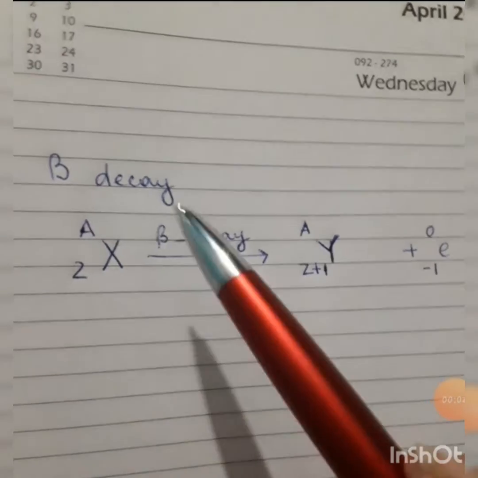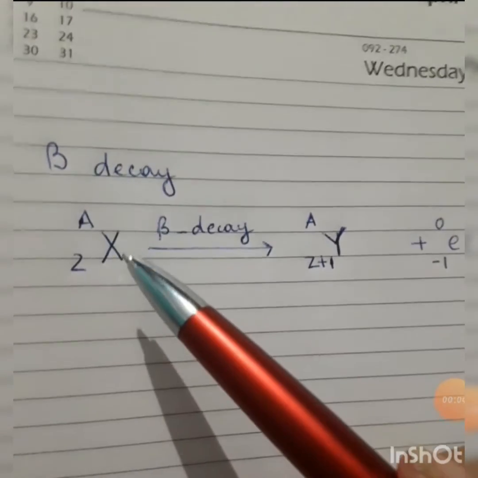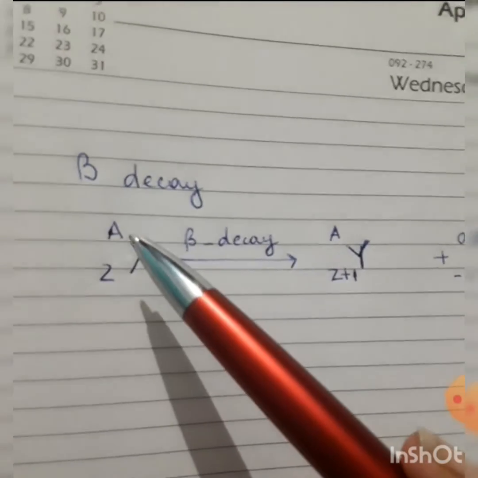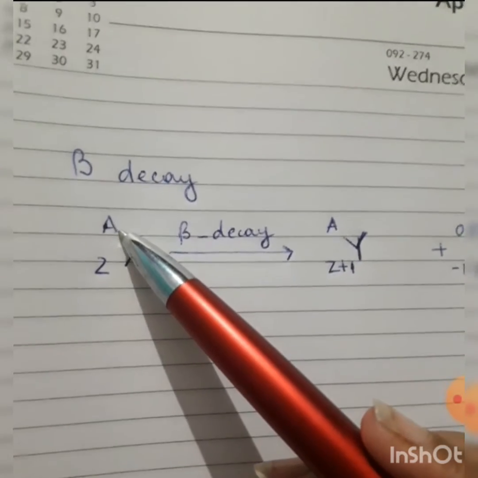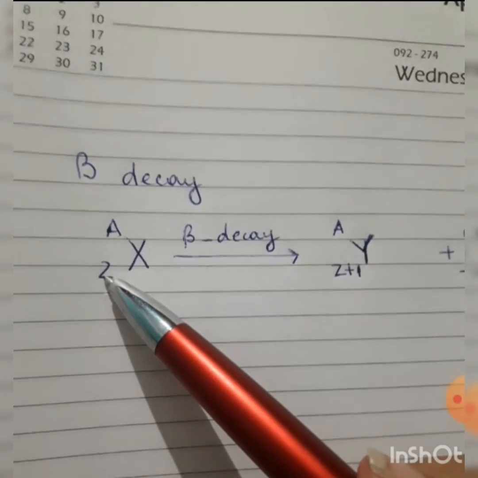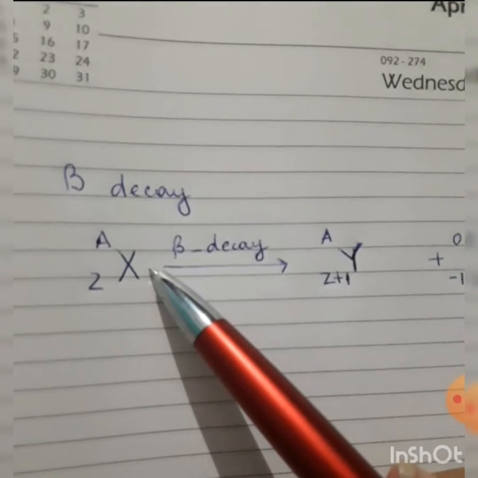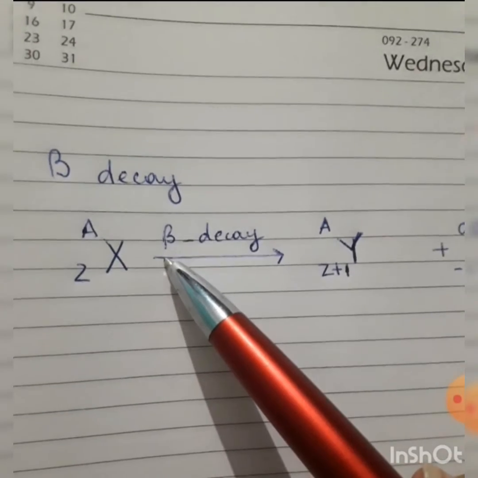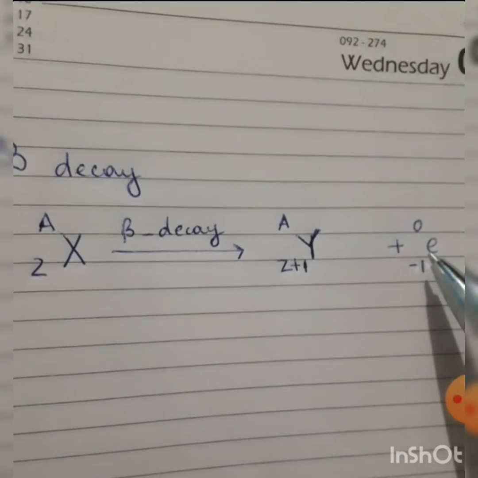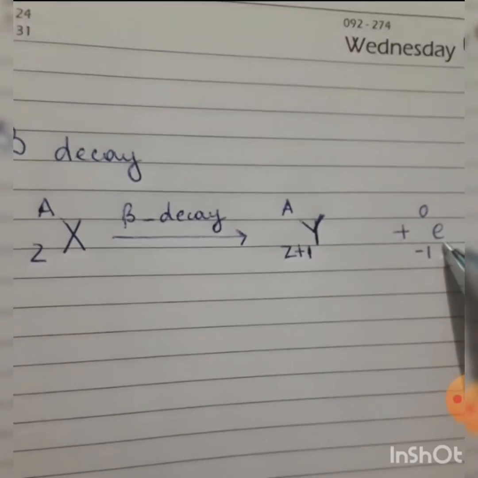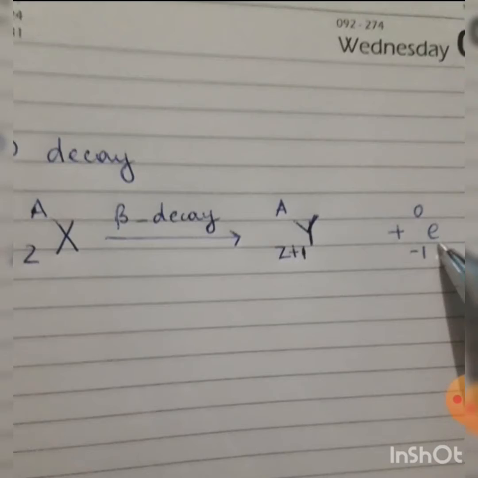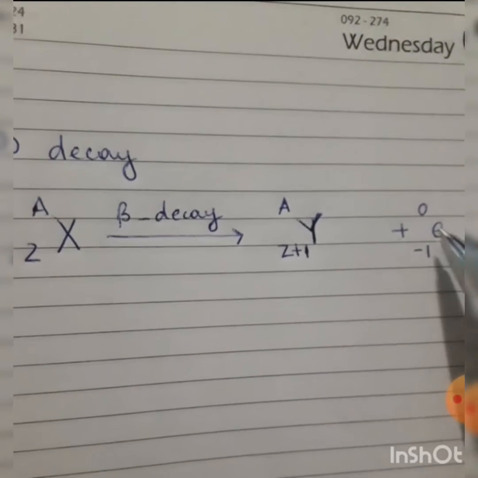In case of beta decay, consider an element X having mass number A and atomic number Z. When it undergoes beta decay, an electron is released, which is similar to a beta particle.